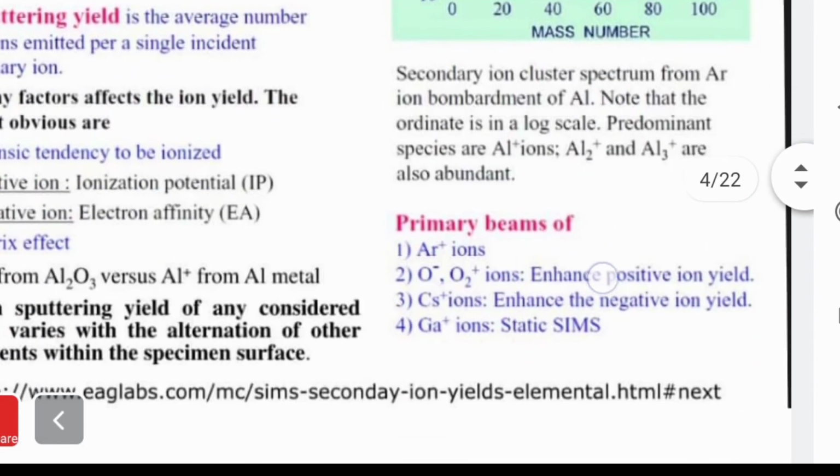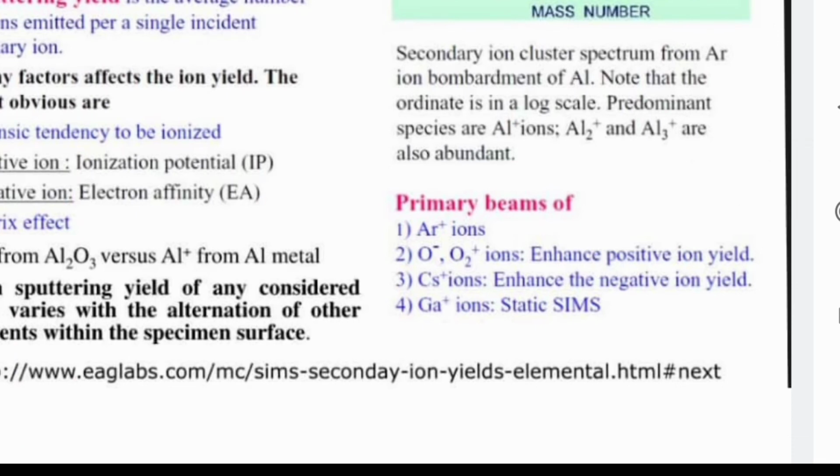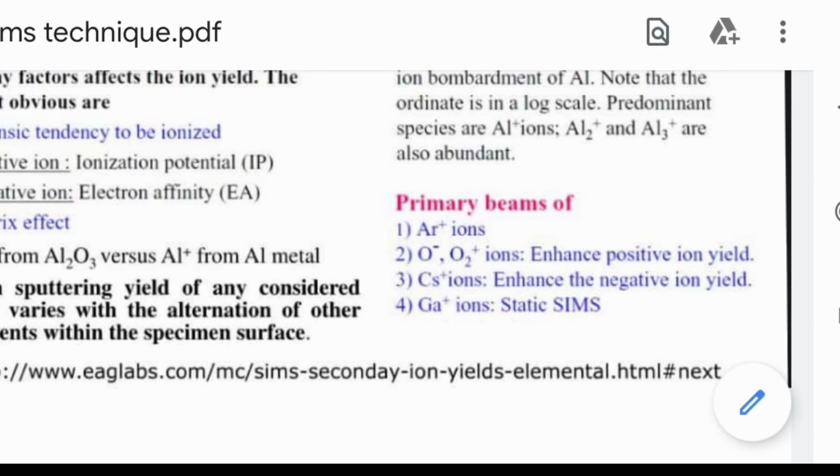Secondary ions generated from argon or other rare gases are quite difficult to obtain. The reason is already known to us: argon plus or xenon plus, being inert gases, are very difficult to obtain in the ionic state.